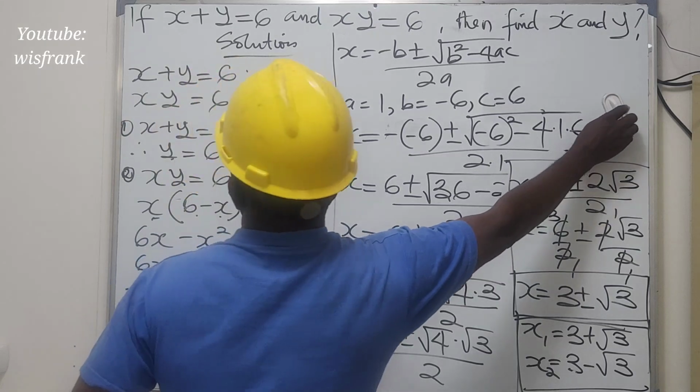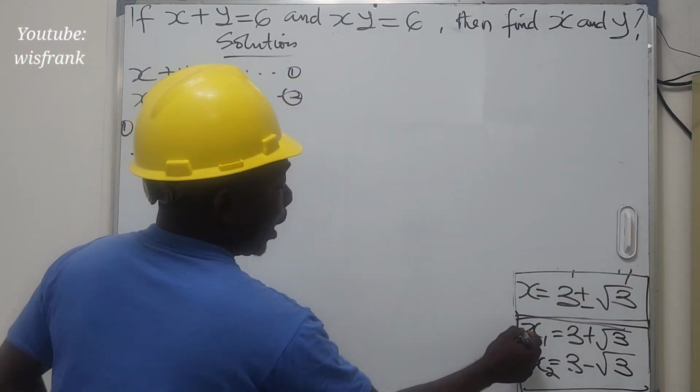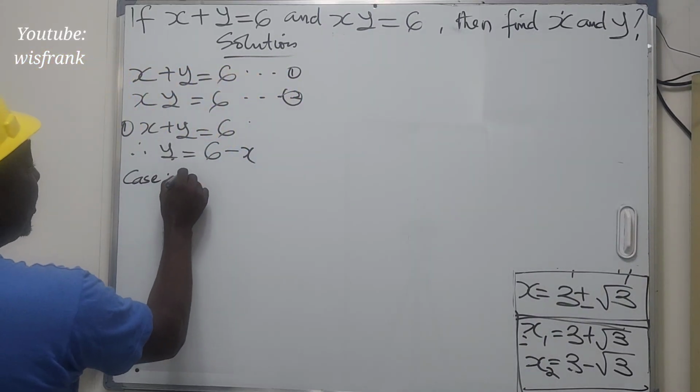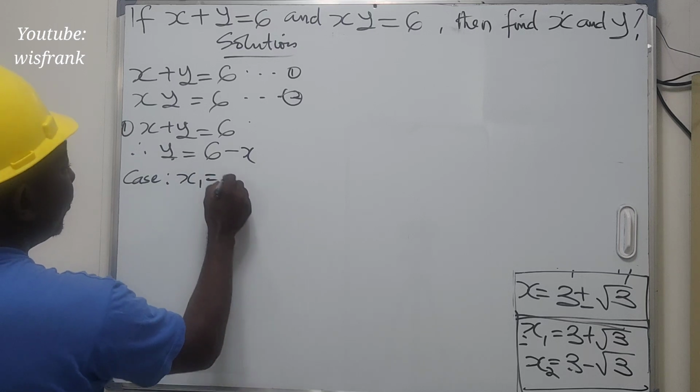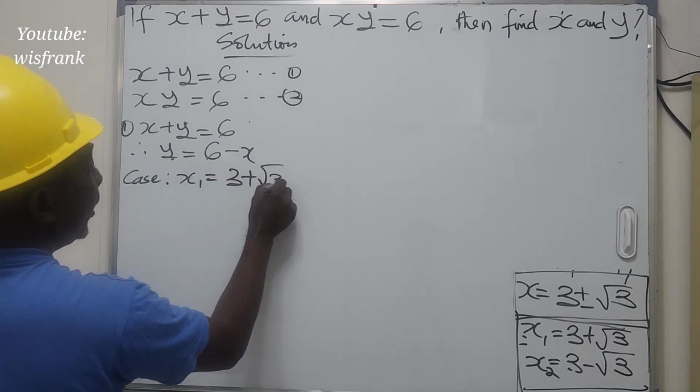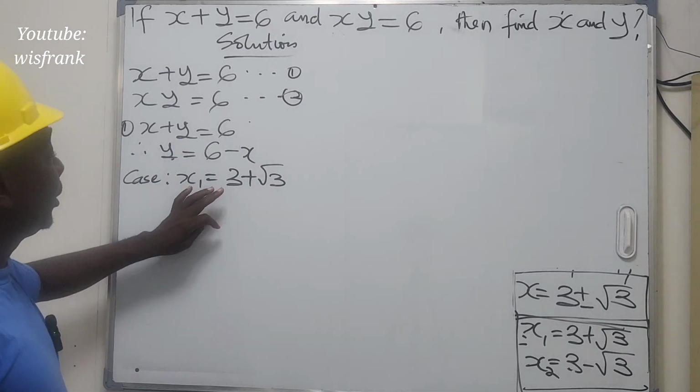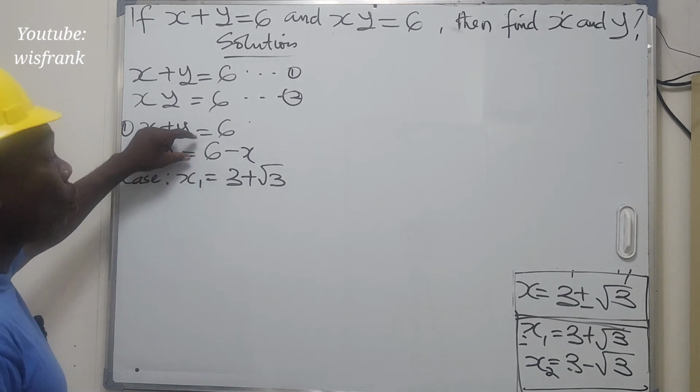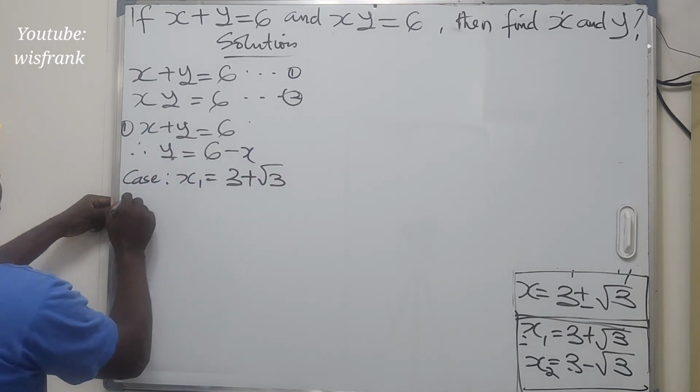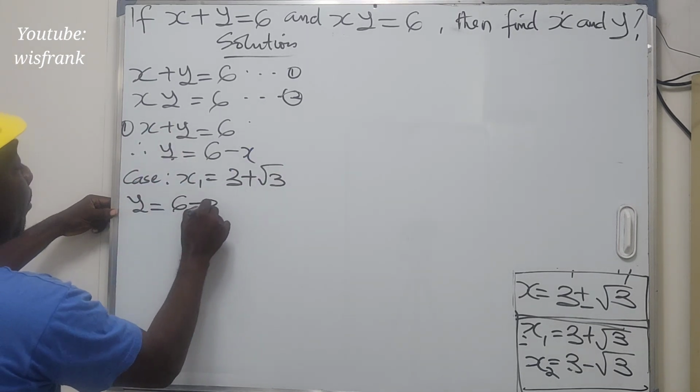Before we do that, we need to clean this. So from here, we are taking case 1, which is x1 equals 3 plus root 3. So from here, we have gotten x1. So we are going to have y1 from this equation, which is y equals 6 minus x.